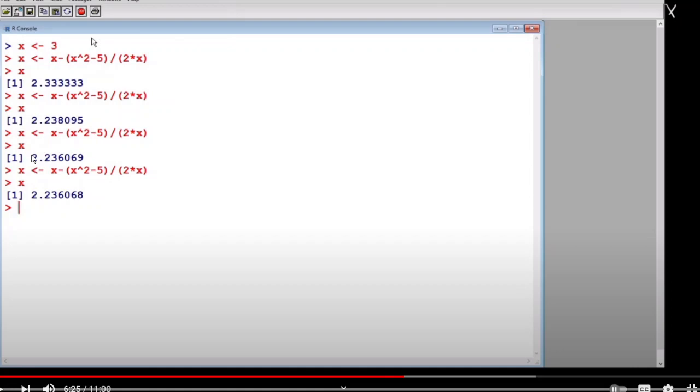So wherever you see x, x is going to have the value of 3. This line means the initial approximation is stored in the variable x. This is x0. And then you look at the next line.